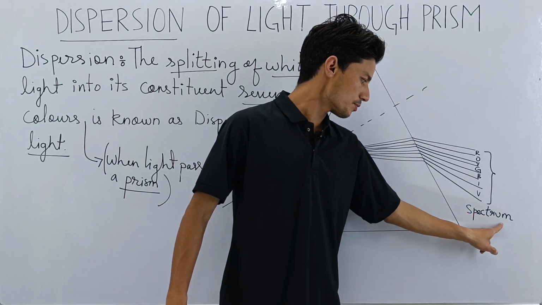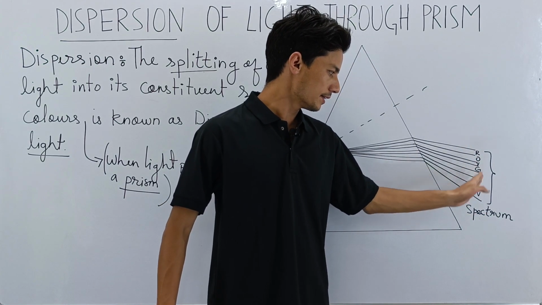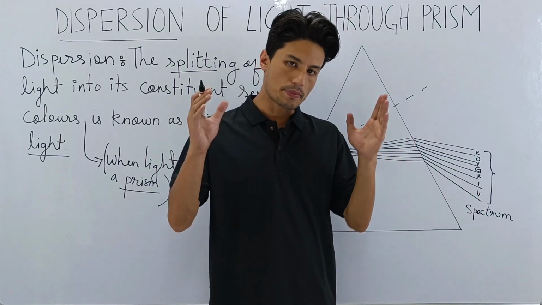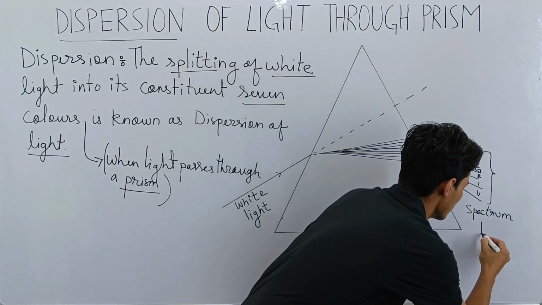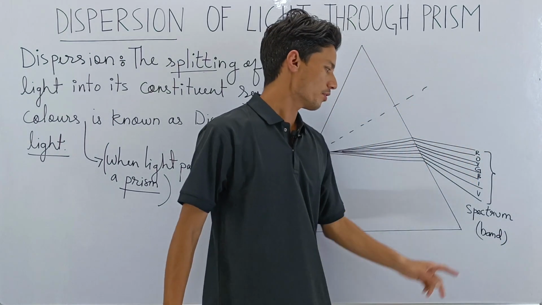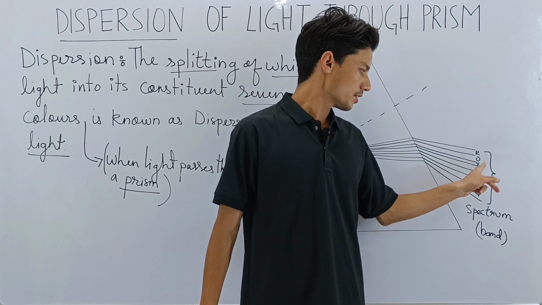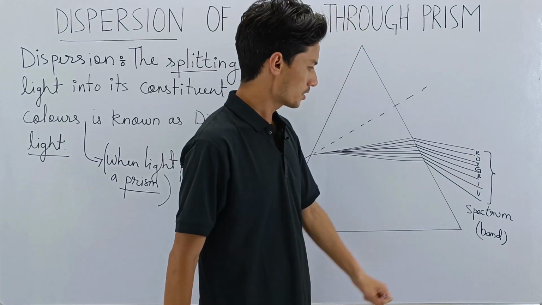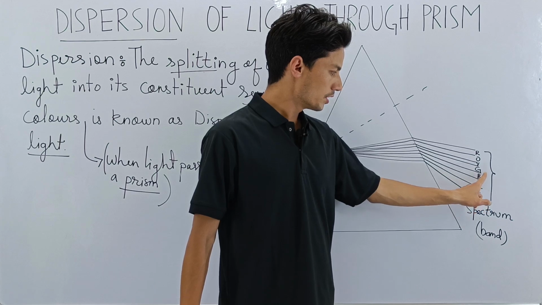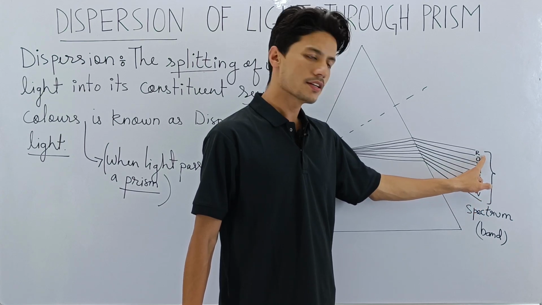If they ask you what is a spectrum, remember the band of 7 colors, a group, the band of 7 colors is called the spectrum. Here the colors of the spectrum are violet, indigo, blue, green, yellow, orange, and red.